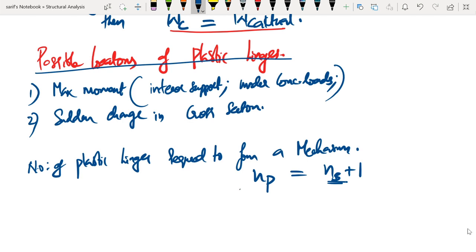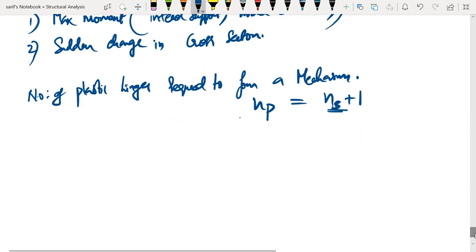And another quantity we need to understand is the number of possible mechanisms.